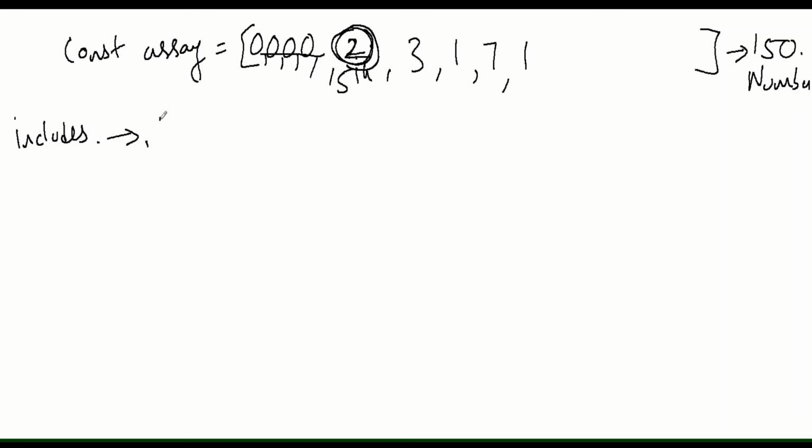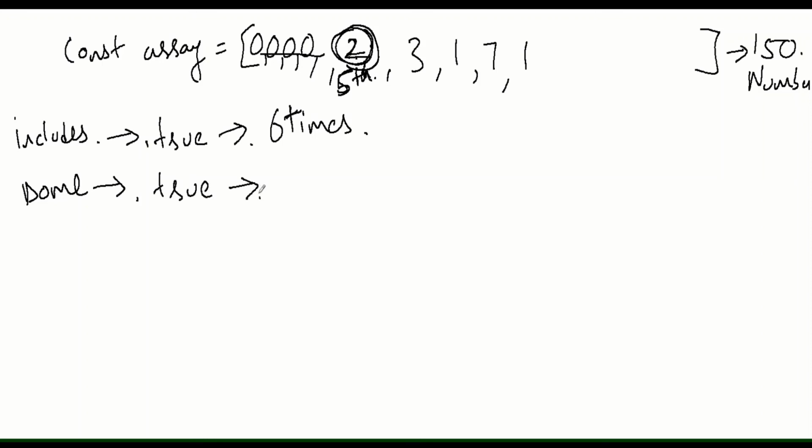So if we use includes, it will return true, and it will only check the value till this 5th index. So your loop will be processed 5 plus 1 times, so 6 times. If we use sum and we provide a function, it would also return true, and it would process the loop 6 times.